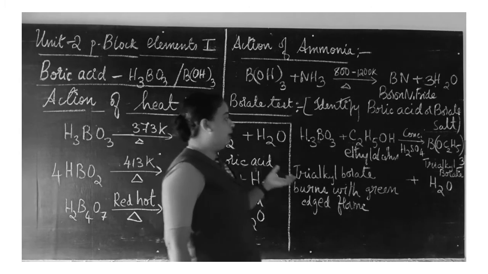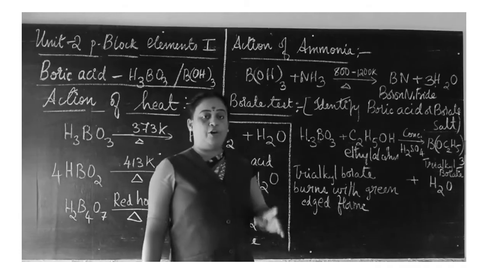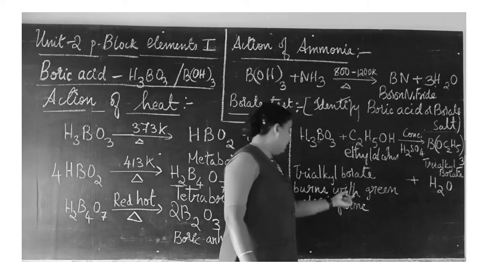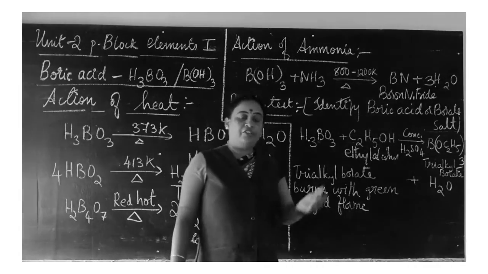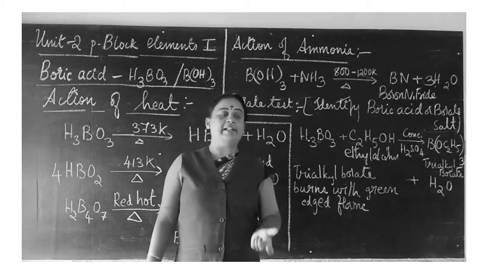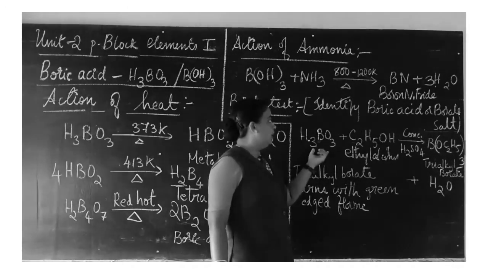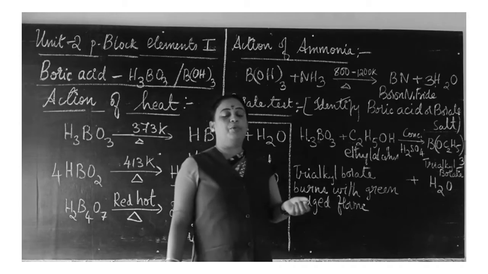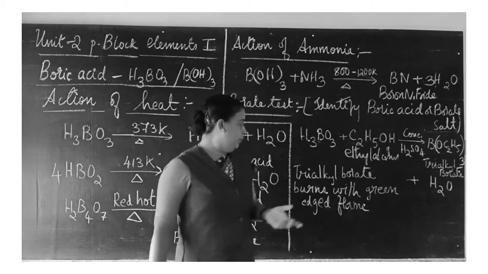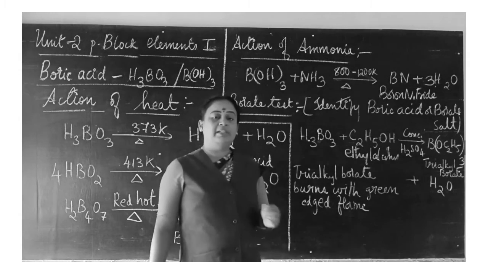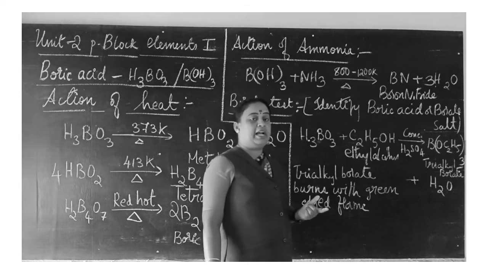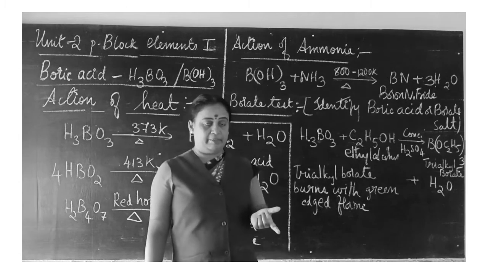If trialkyl borate is formed, it burns with a green-edged flame. If the flame is green-edged, then we can tell that it is boric acid or a borate salt. If it is not a green-edged flame, then it may not be boric acid or borate salt, but some other salt.